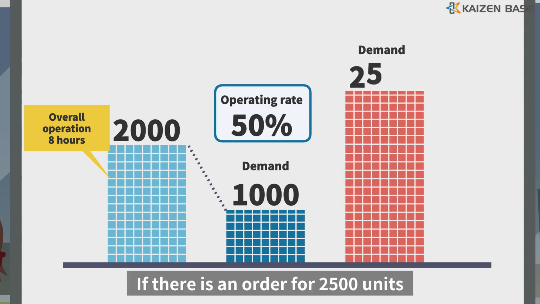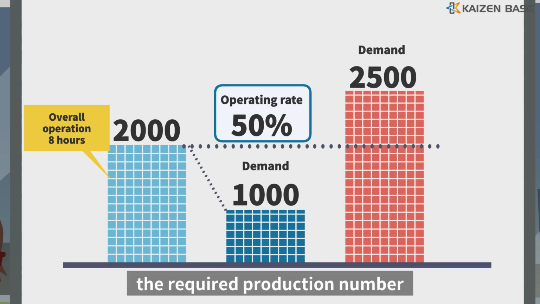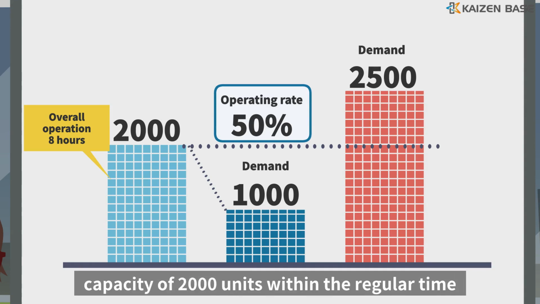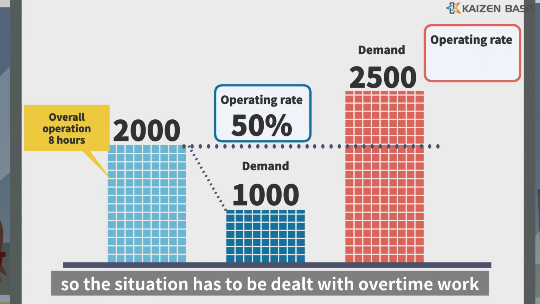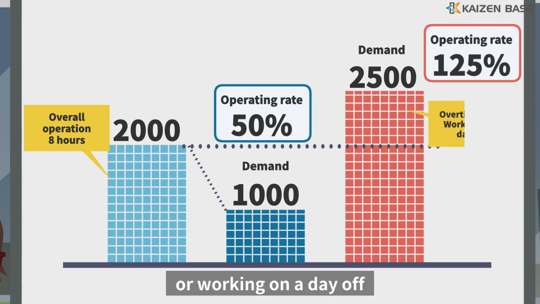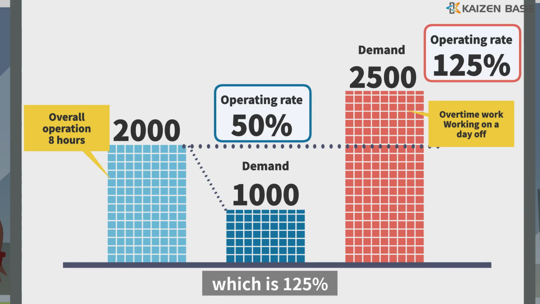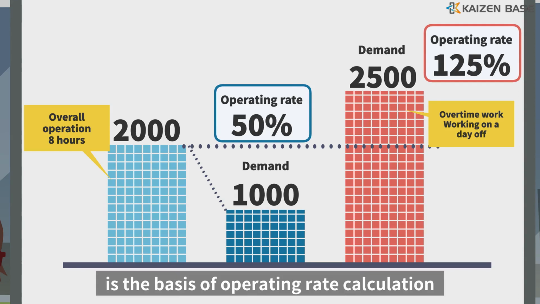If there is an order for 2,500 units, the required production number will exceed the available overall operation capacity of 2,000 units within the regular time, so the situation has to be dealt with overtime work or working on a day off. The operating rate will be 2,500/2,000, which is 125%. This way of thinking is the basis of operating rate calculation.